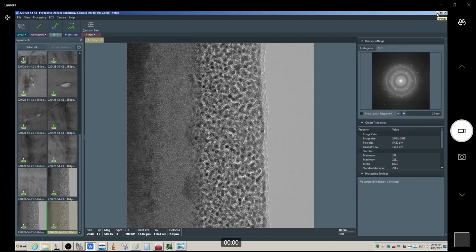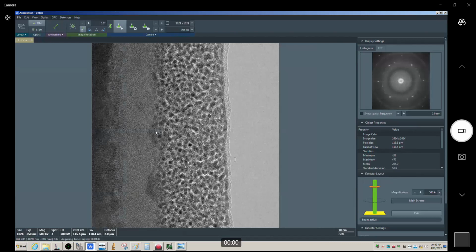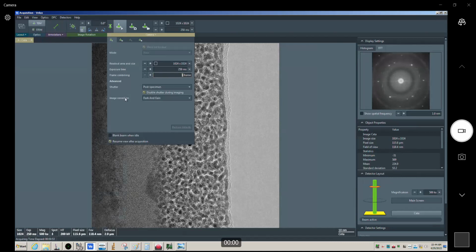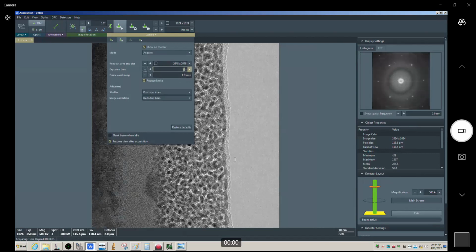One option that we have to deal with that is to do what's called frame combining with drift correction. Those are actually 2 different things. So first of all, frame combining: if we're in acquire mode, right now we're acquiring 1 frame over 1 second.